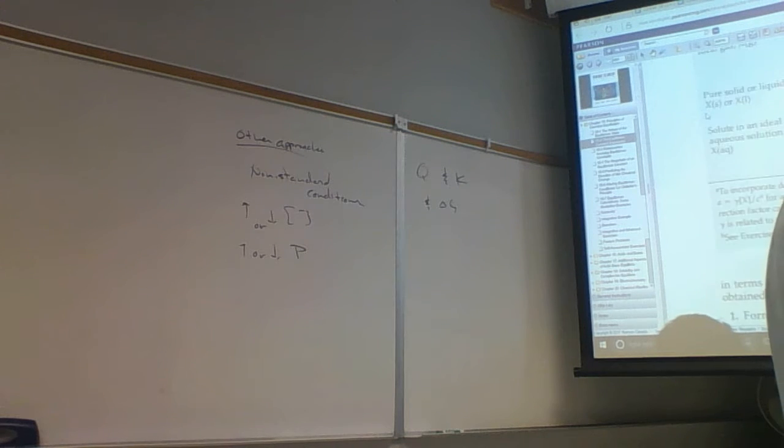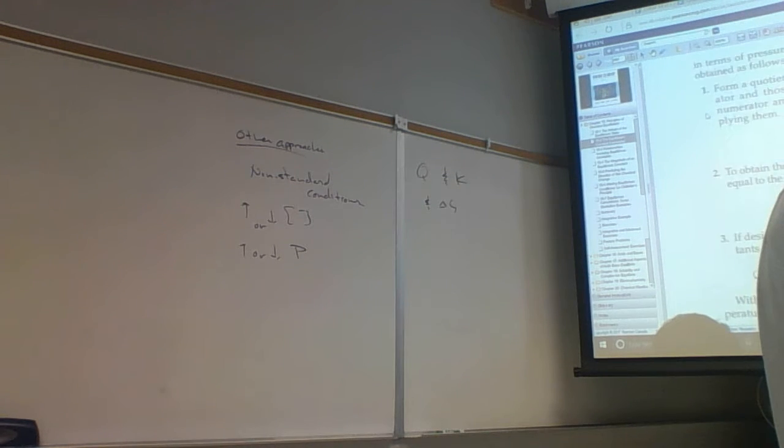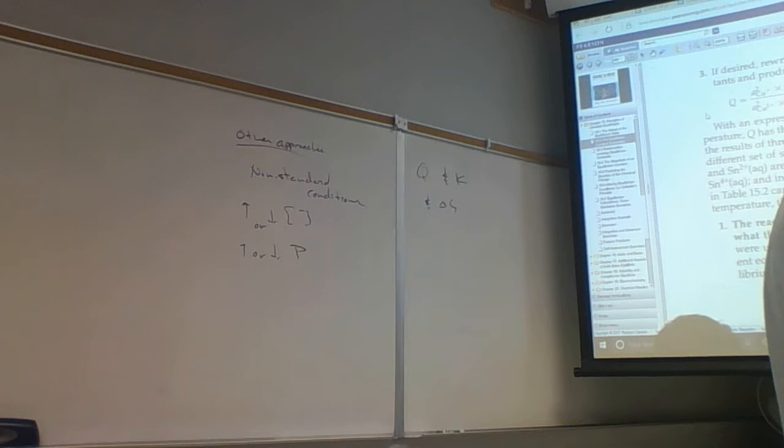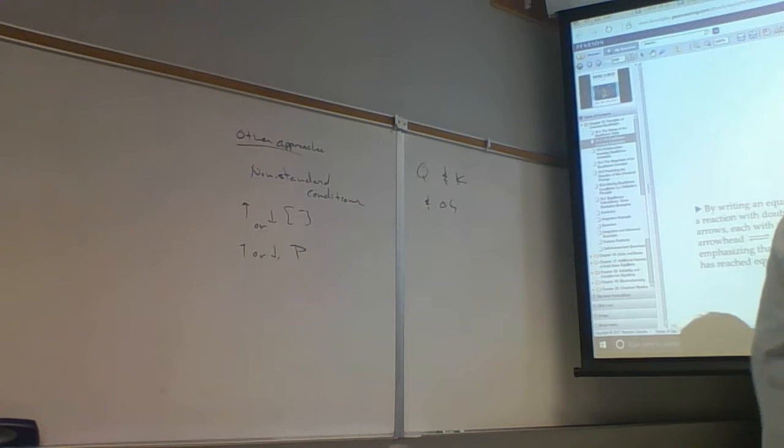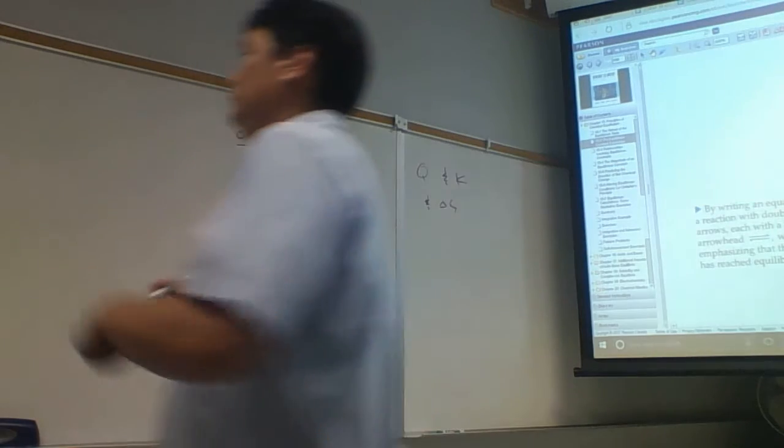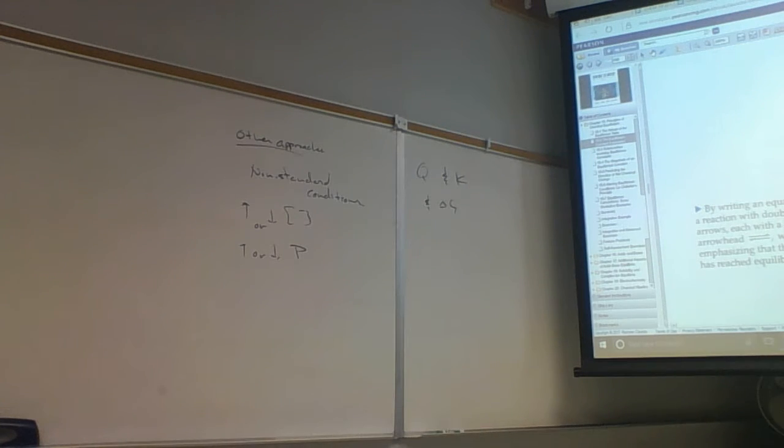First off, we're going to look at this reaction here. I'm not going to go right in the order that they're doing, but we're looking at this reaction. This is chapter 15, section 1.